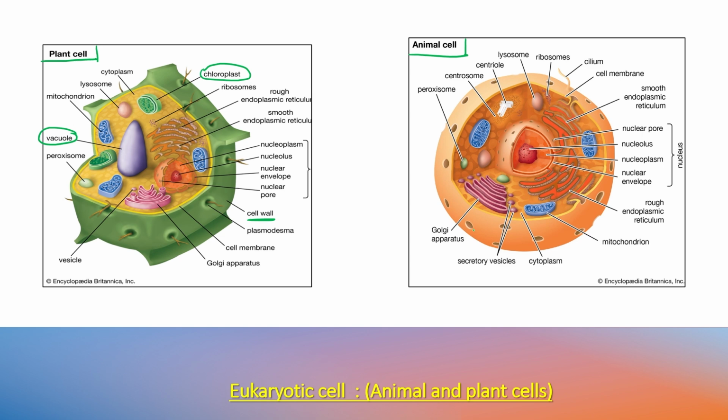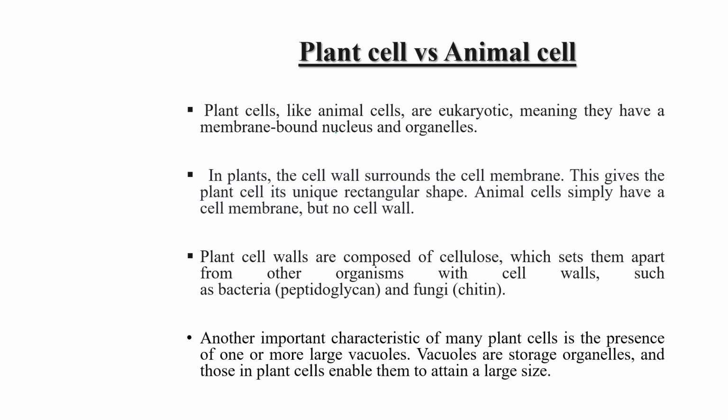According to their needs, some have a kind of organelle and some do not. Plant cells, like animal cells, are eukaryotes, meaning they have membrane-bound organelles like the nucleus, mitochondria, and endoplasmic reticulum.